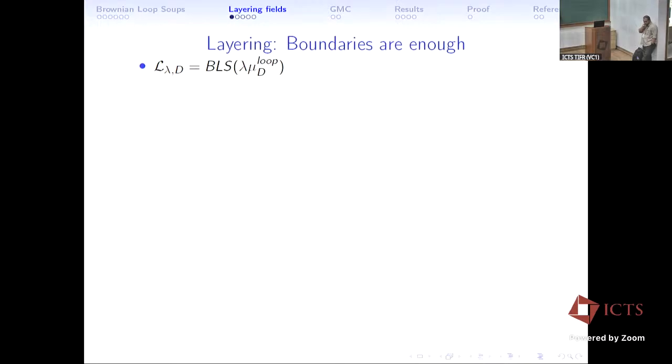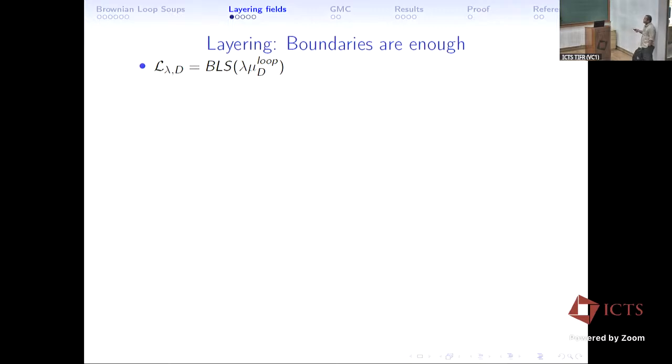Okay. So the object that I'm going to look at is called the layering by Brownian loops. In this slide, I want to convince you that we do not have to look at the entire Brownian loops. It's enough to look at the outer boundaries of the Brownian loops.